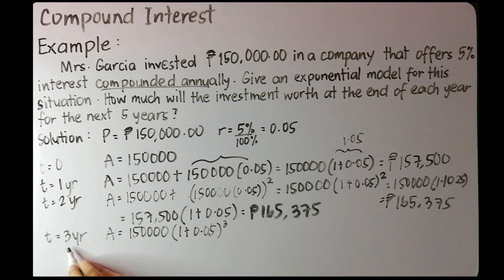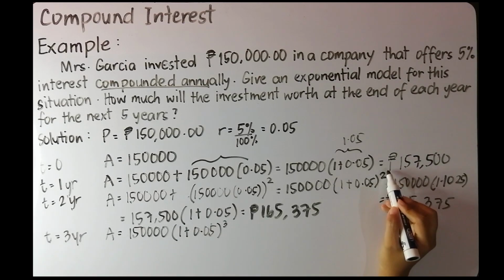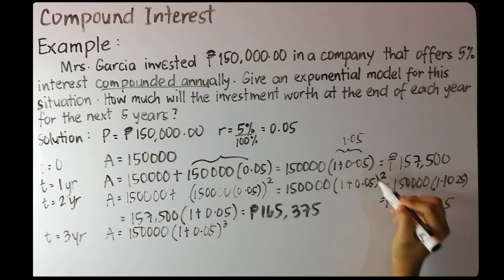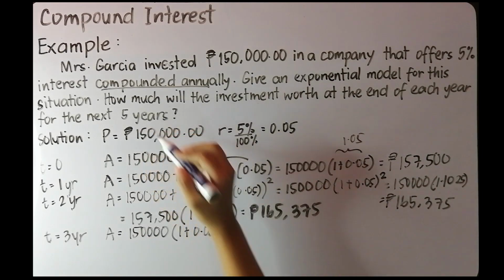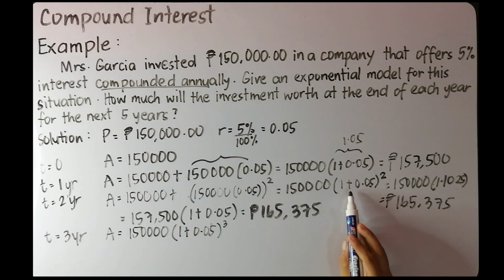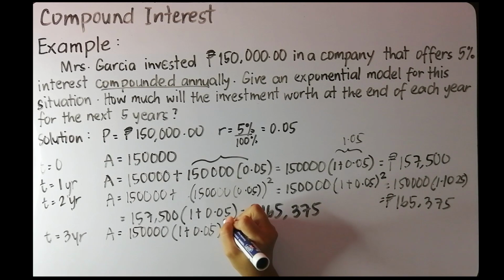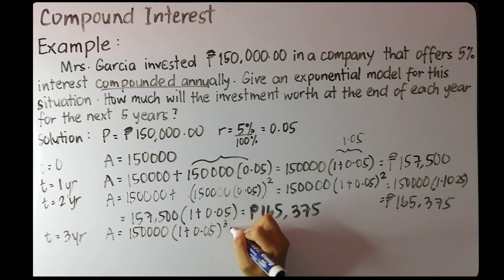Since we are now in the third year, just like the second year where you raise it to 2 because you are multiplying the initial value by twice the interest rate.